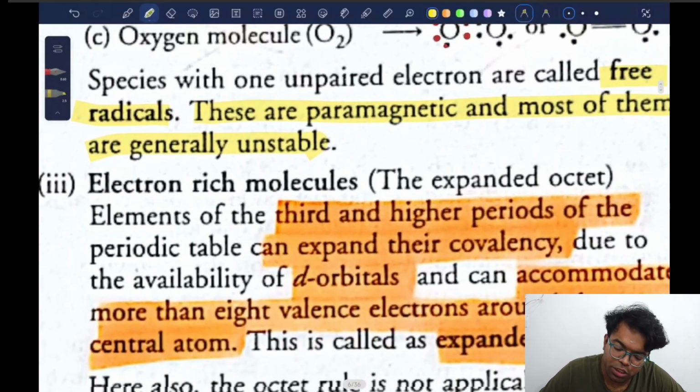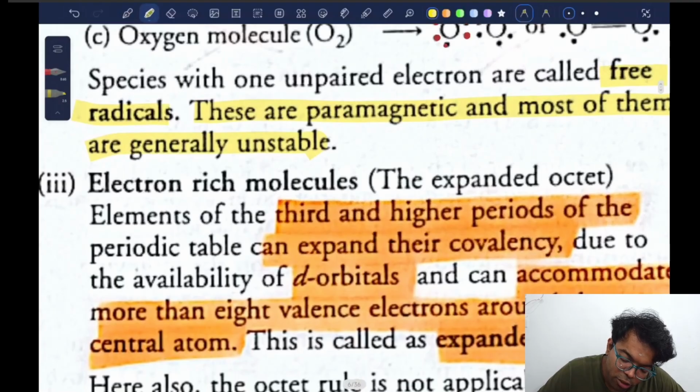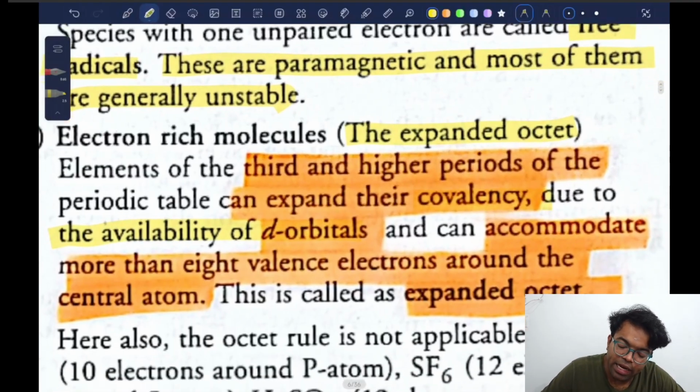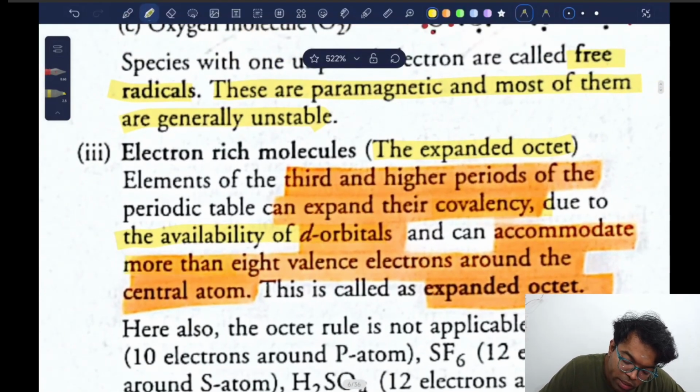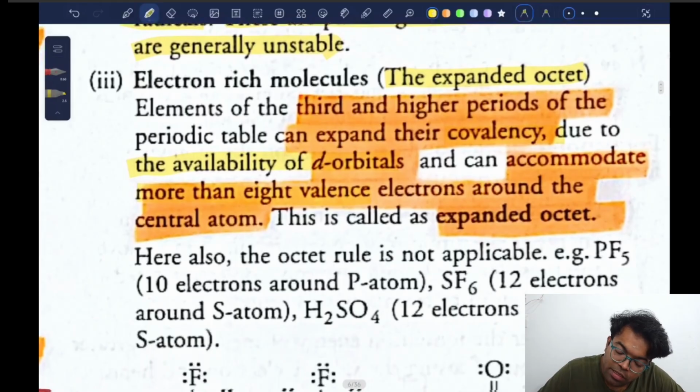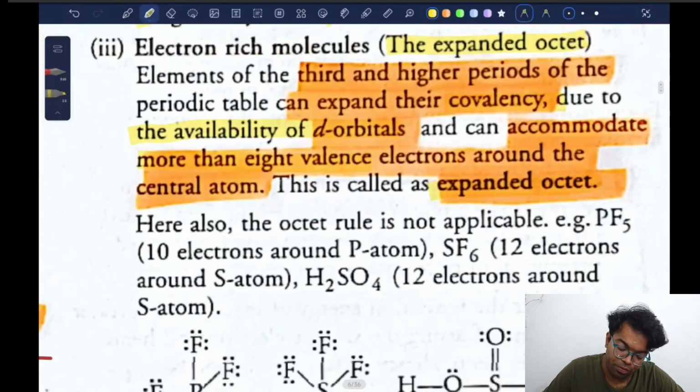Now, electron-rich molecules. The expanded octet. Elements of the third and higher periods can expand their covalency due to the availability of the d orbital and can accommodate more than 8 electrons in their valence shell around the central atom. This is called the expanded octet rule.